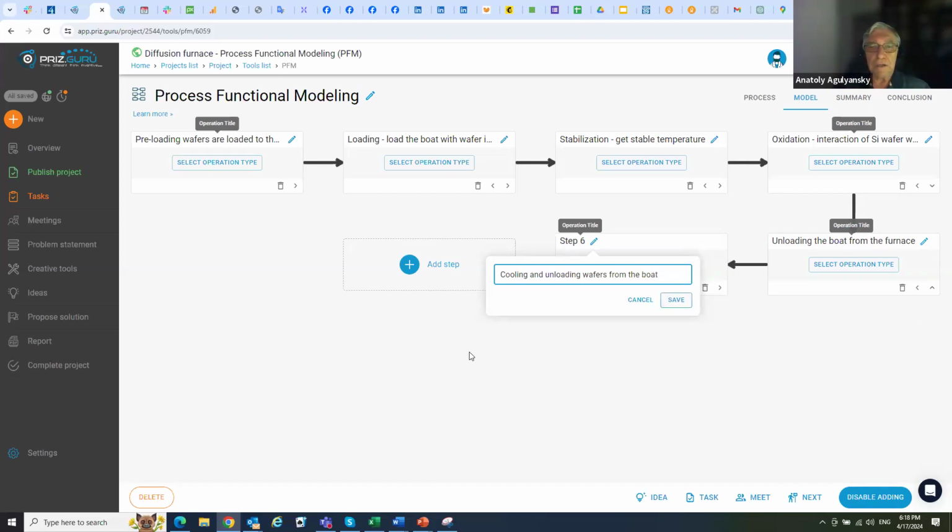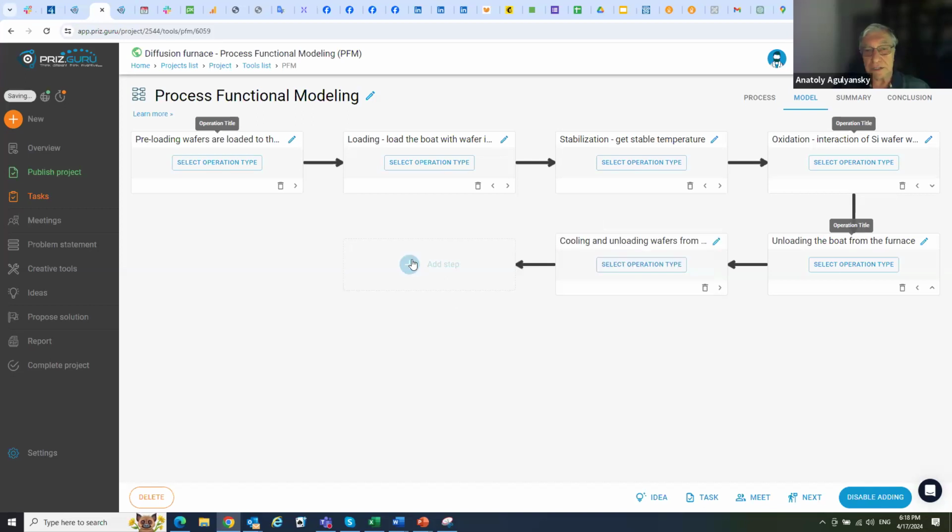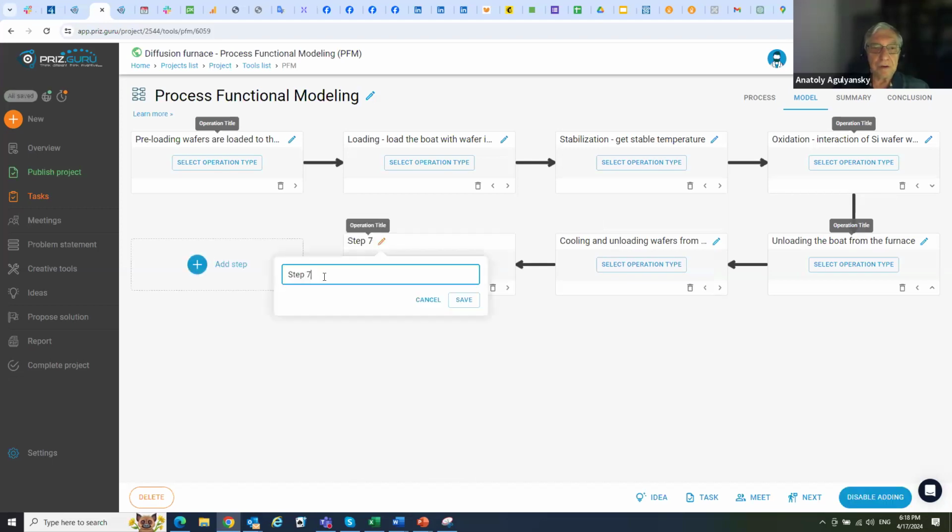Okay, and the last one actually, it's measurement, silicon oxide thickness measurement.